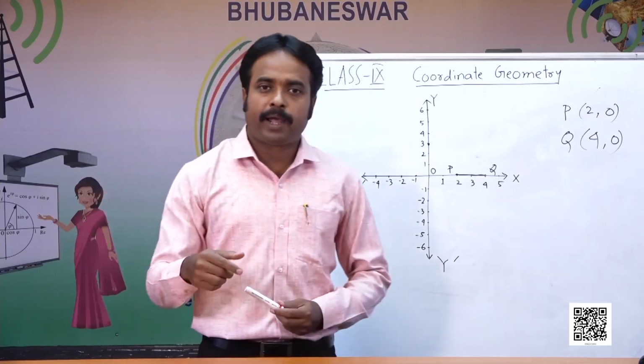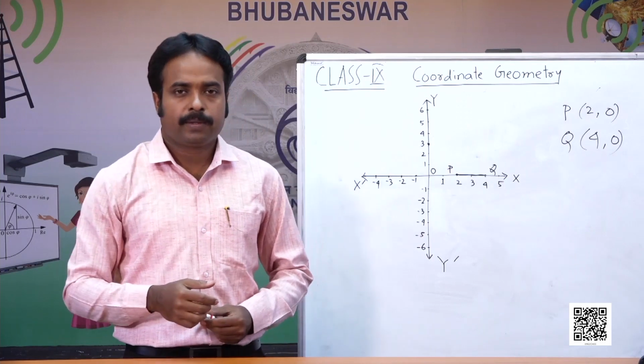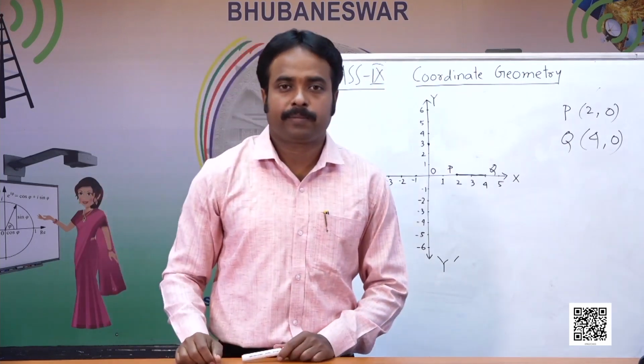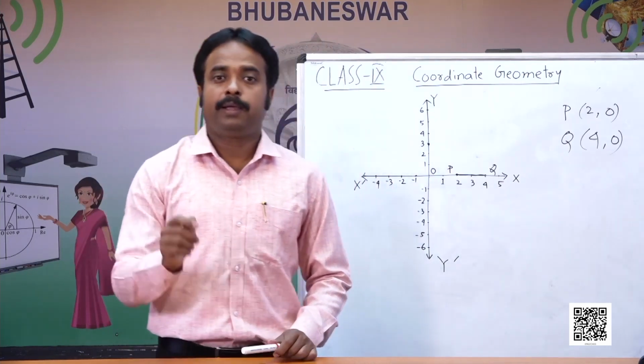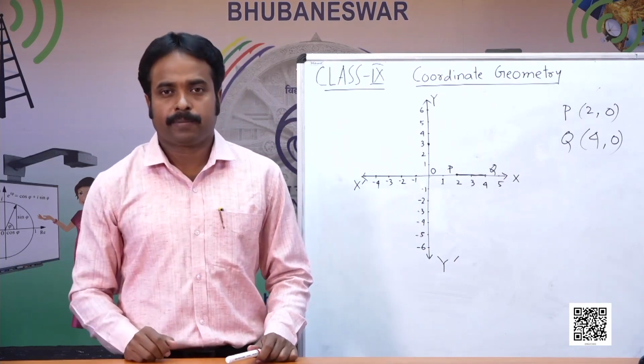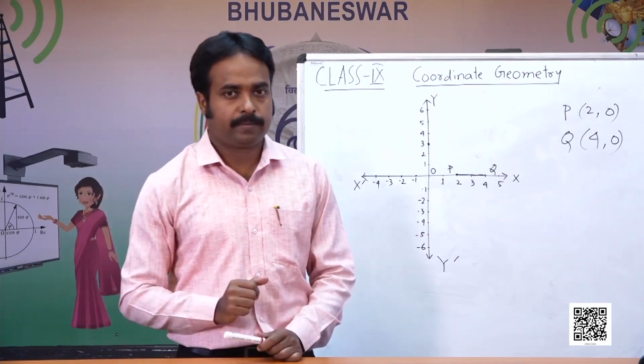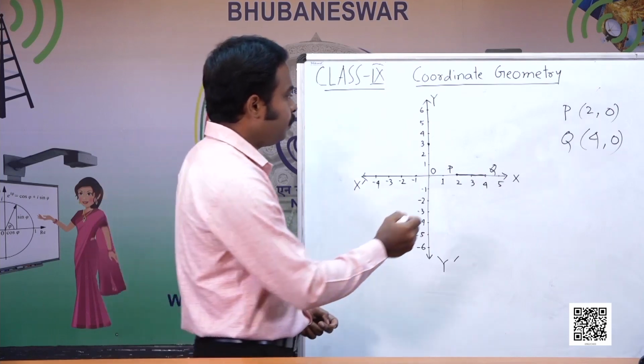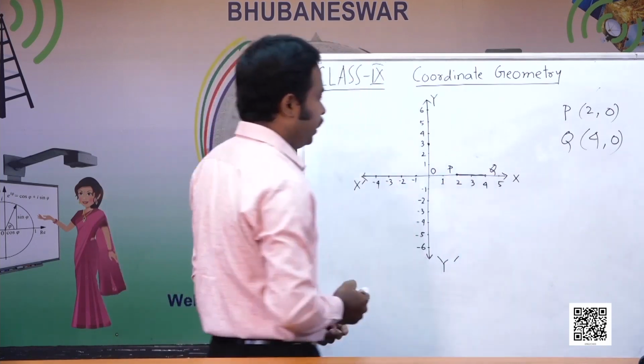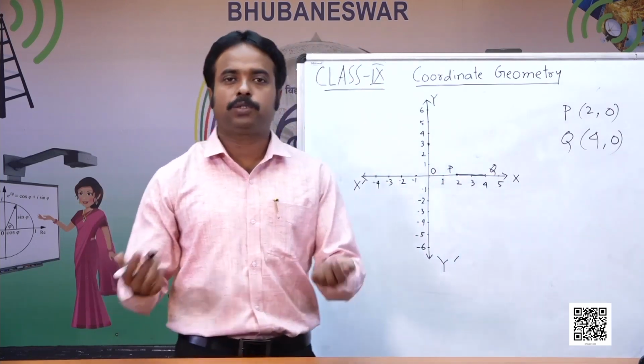Now we have to take another point R. So how can we take the R? Will you get a unique point? Try to understand. To form a right triangle from here, we have several options.